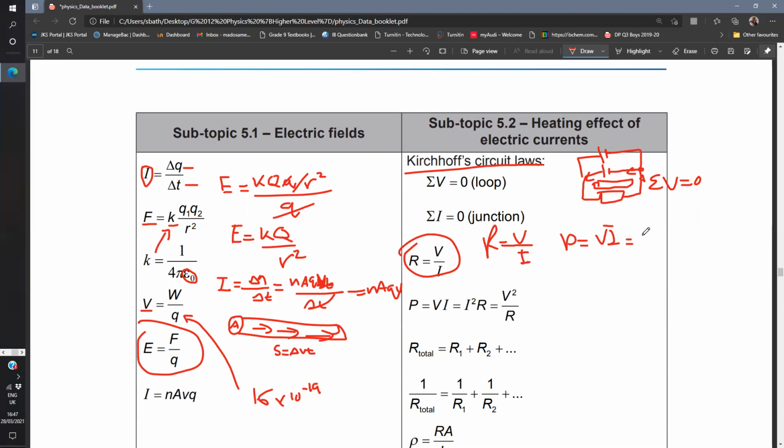And we can derive other formulas. So in terms of R, that's I squared R, and V squared over R. These are the formulas of power, and they are here. Consequently, they're here. So this is the formula for the total resistance in a series circuit.